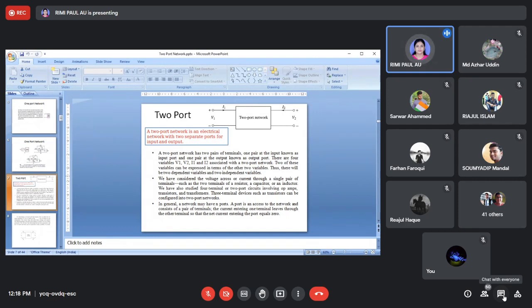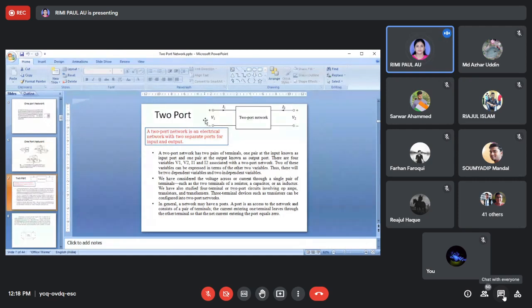That means there is one port for voltage and current, and another separate port for voltage and current, for input and output. A two-port network has two pairs of terminals, known as the input port and the output port.